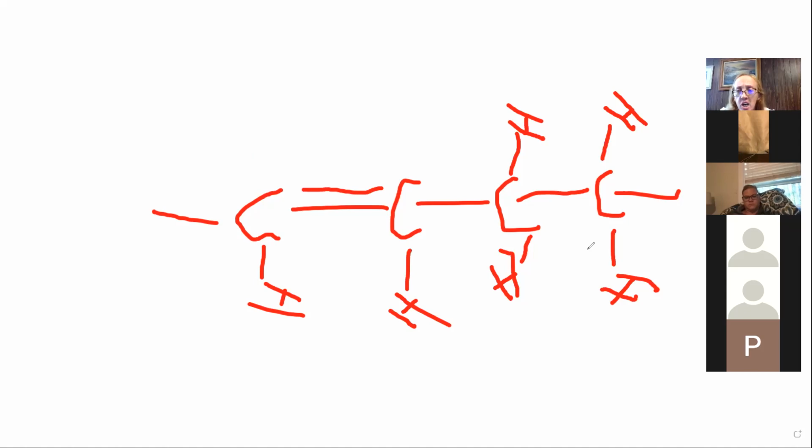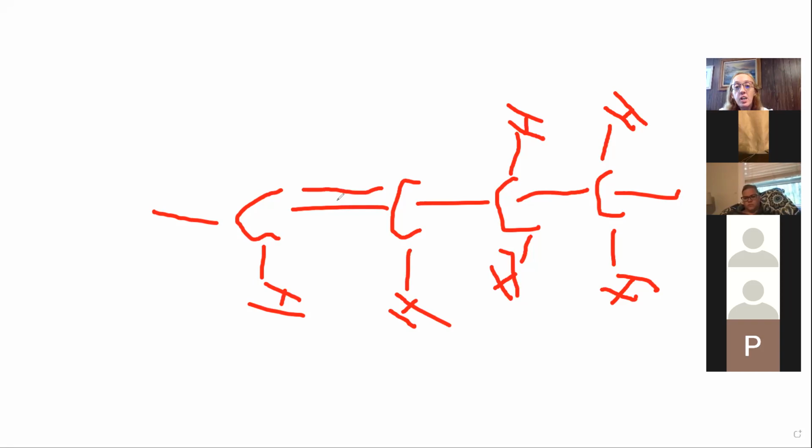So the saturation has to do with how many hydrogens are there. Is it saturated with hydrogen or is it not? So this is an unsaturated case. If I just have one double bond along this fatty acid chain, then it's monounsaturated. If I have more than one, it's polyunsaturated.